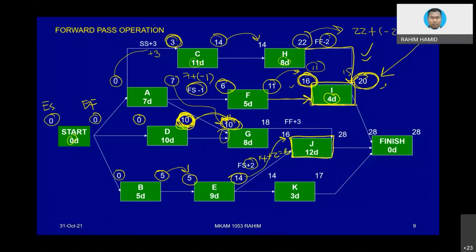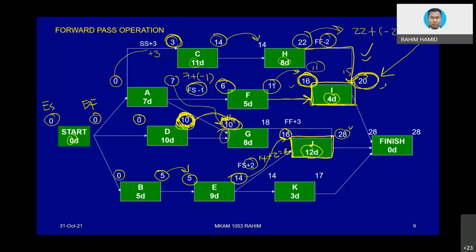So 16 is one of the values. Don't put it into the box yet, just put a note outside of the box. Let's say it is 16, then plus 12, that will be equivalent to 28, as one alternative.